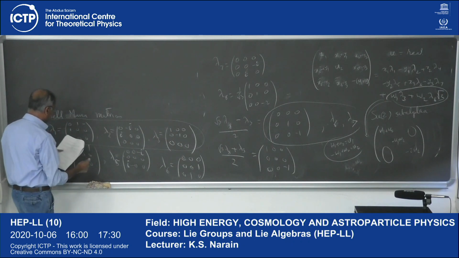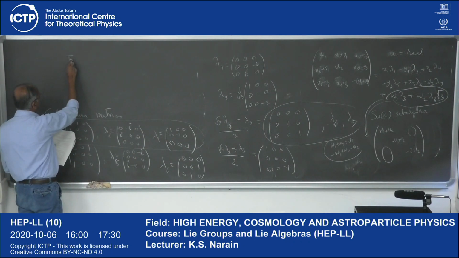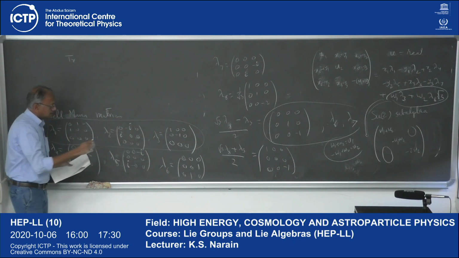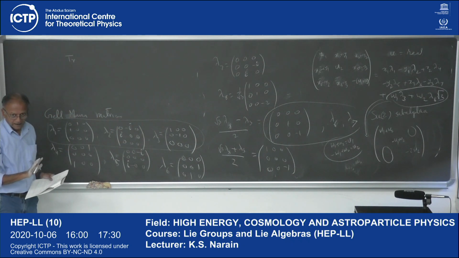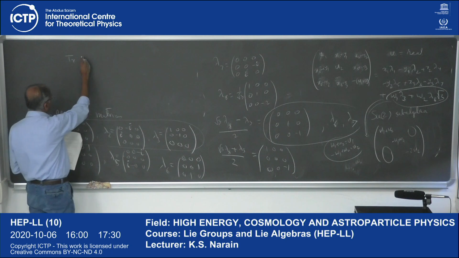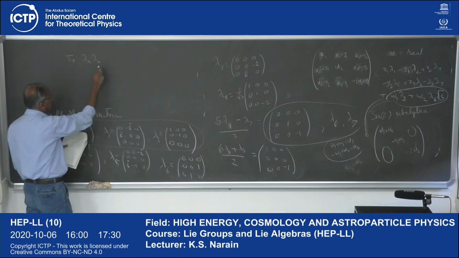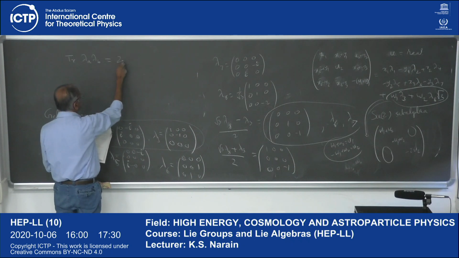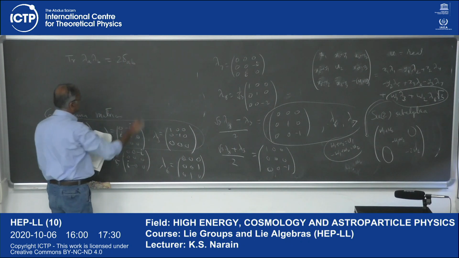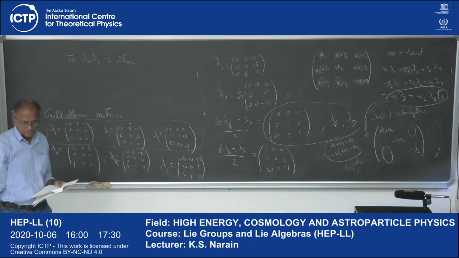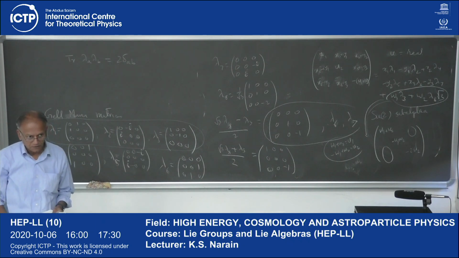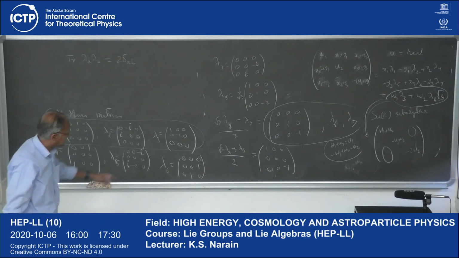This basis is chosen in a careful way by Gell-Mann, because he wanted this to satisfy the trace of lambda A lambda B being 2 times delta AB. So somehow you are taking the same normalization. That is the reason for this root 3.